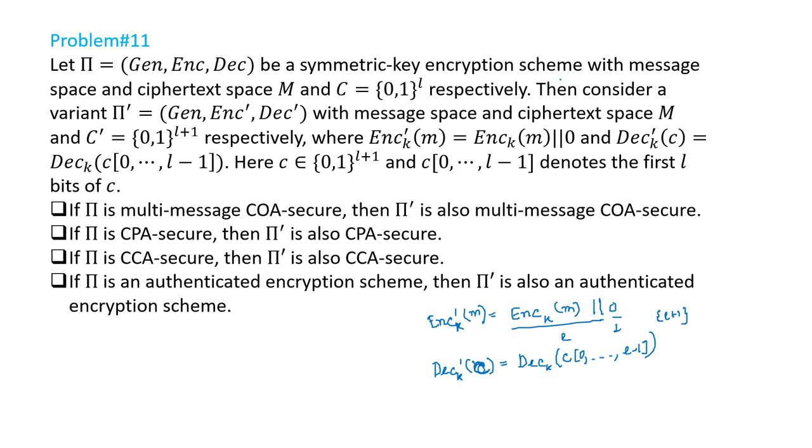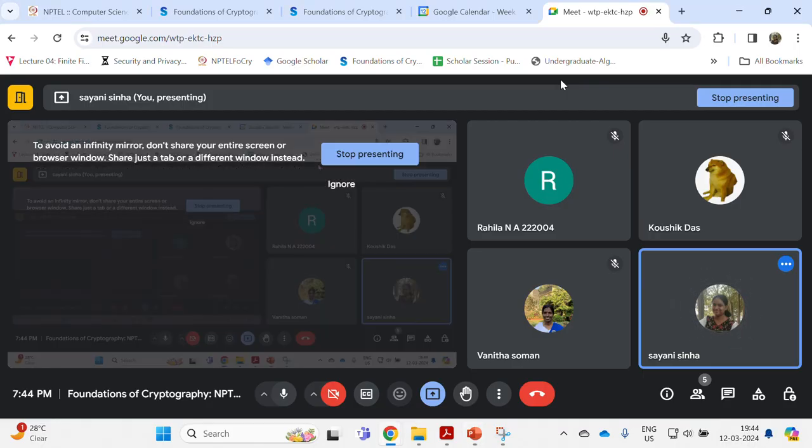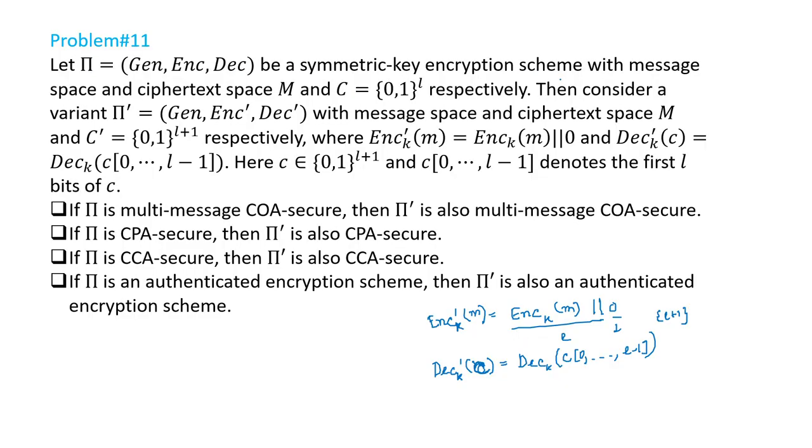So what about COA, CPA, CCA and authenticated encryption security for the modified scheme pi dash? Anyone?